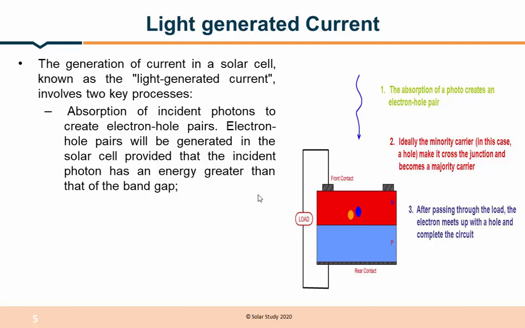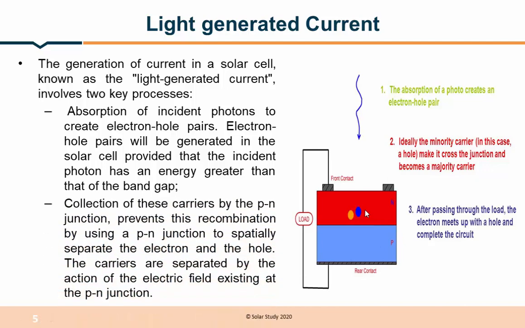First, a photon is incident from the sunlight onto the solar cell. In the solar cell, recombination of the electron hole pairs takes place. During this action, it will emit some amount of energy. That energy is greater than the band gap, which is the energy gap between the valence band and the conduction band.